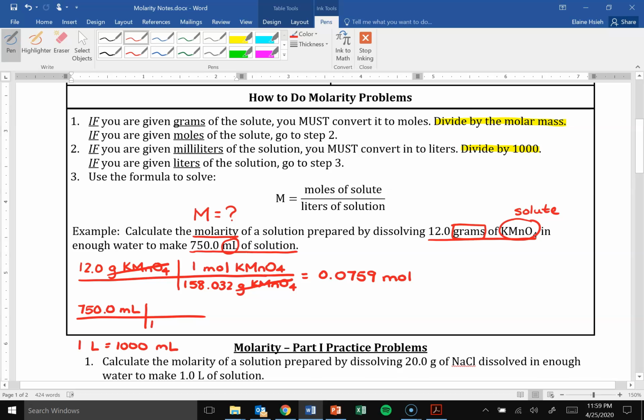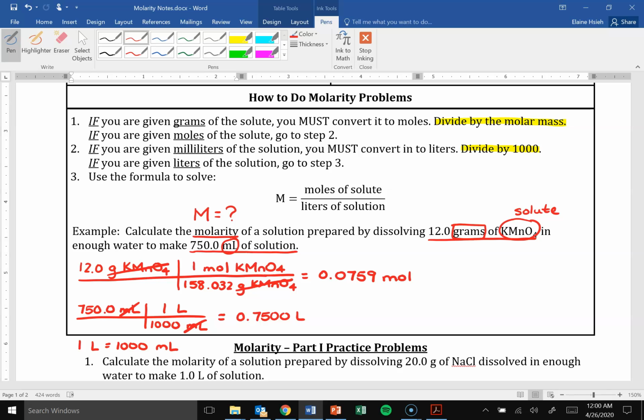So we're going to put 1,000 milliliters on the bottom and 1 liter on the top, and so milliliters can cancel out. And so we'll take 750 divided by 1,000, and we'll get 0.7500 liters. All right, so now I have moles of the solute, 0.0759, and liters of solution is 0.7500.